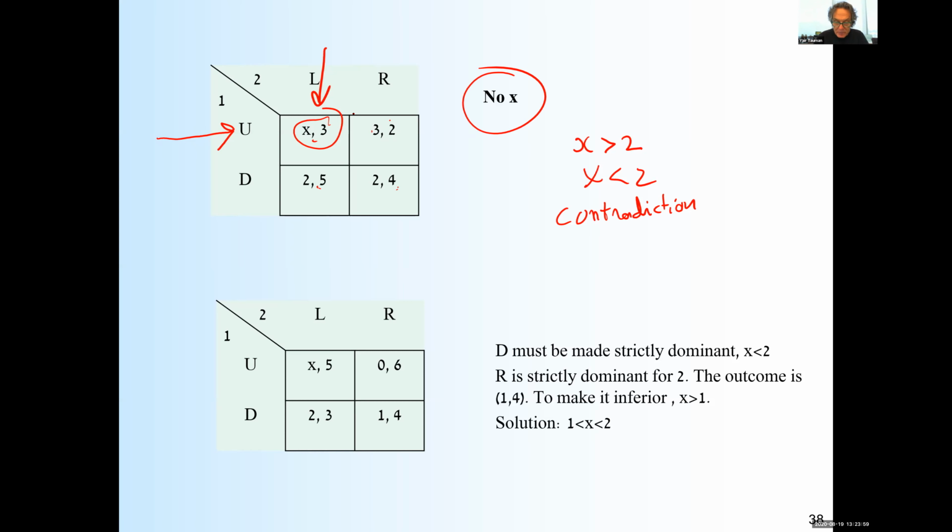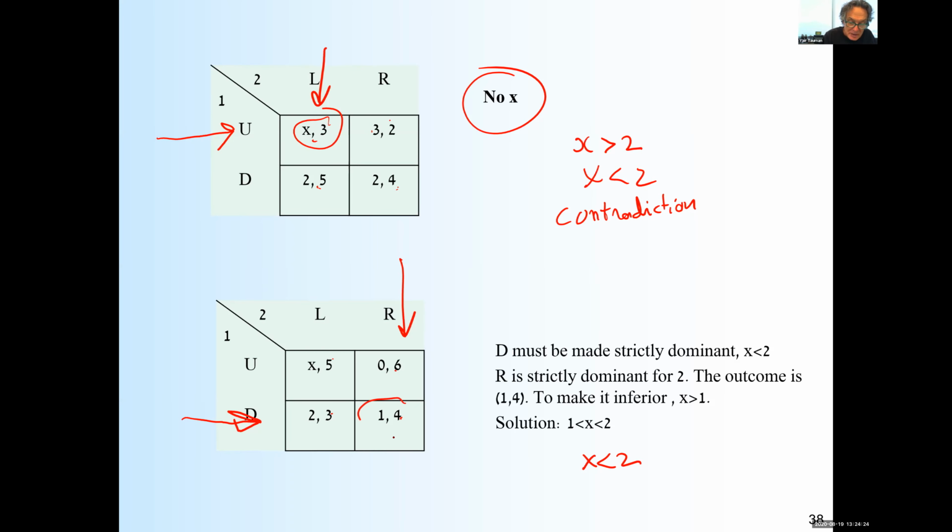Let's do the other example. I see that 0 is less than 1. So if at all there will be a dominant strategy, it is down for player 1. So I need that 2 is more than x, or x is smaller than 2. What about player 2? 6 is more than 5, 4 more than 3, so it's clear that this is a dominant strategy.